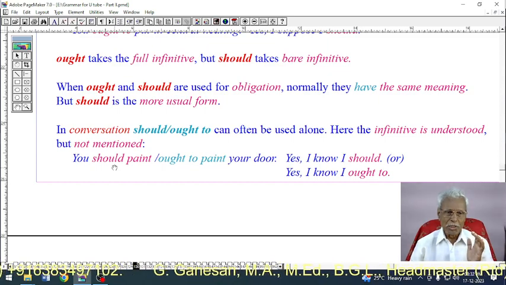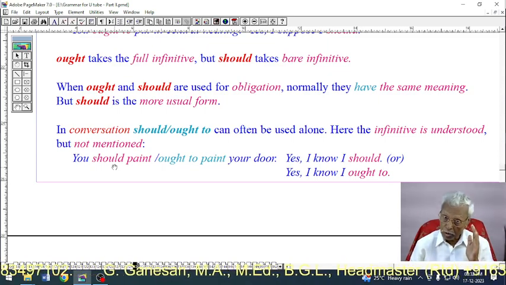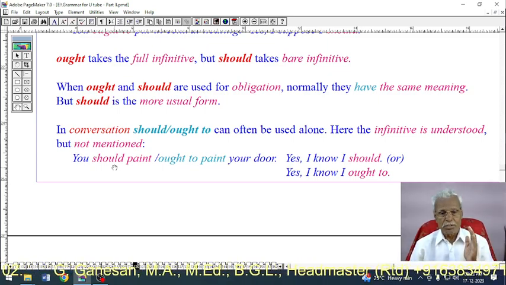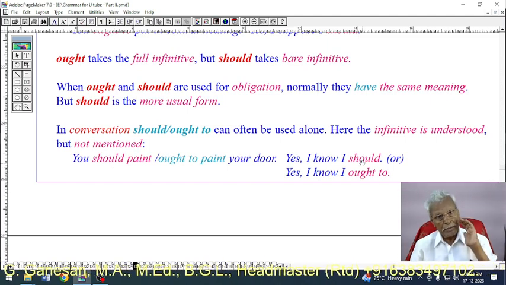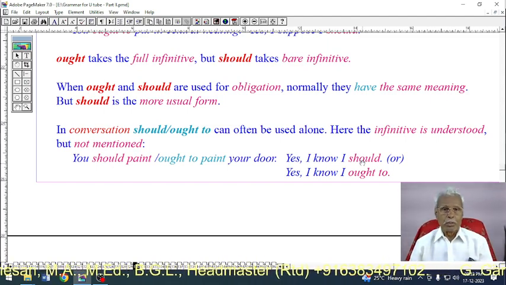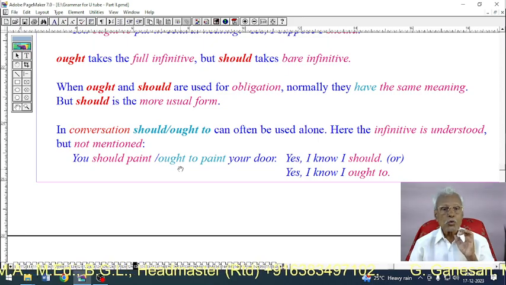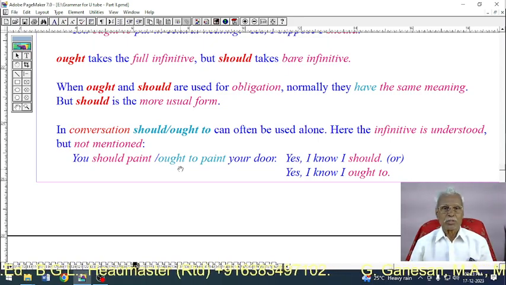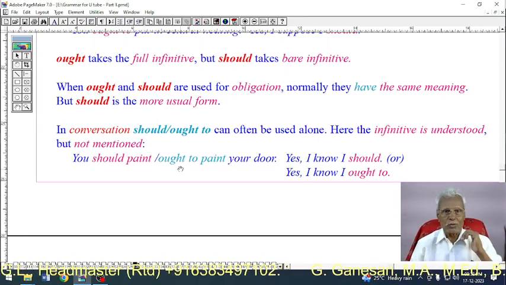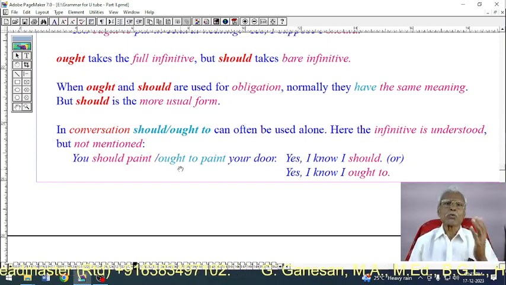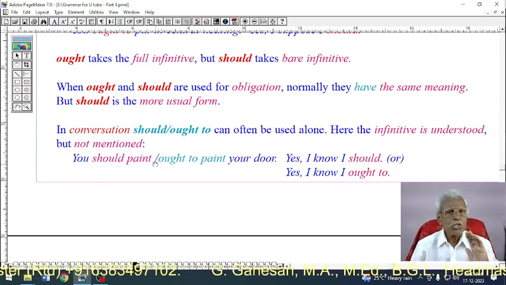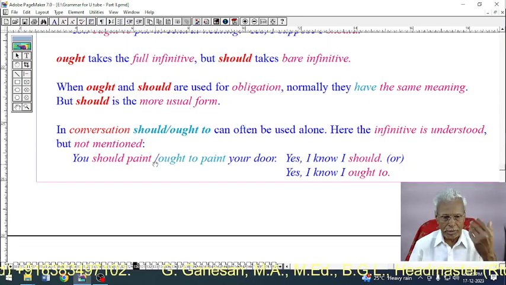If you use should in a sentence, then in the reply we can use either should or ought to. Similarly, if you use ought to in the sentence, then in the reply you can use either should or ought to. Okay? Because both have the same meaning.